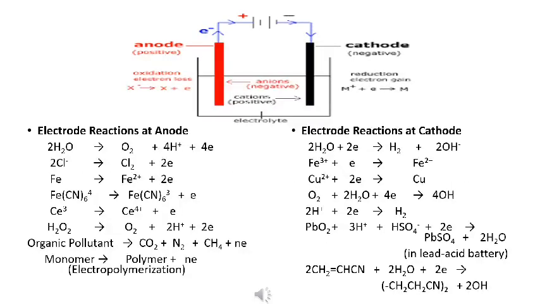Okay, first you look at this slide. It shows the electrode reaction at anode as well as the electrochemical reaction at cathode surface. At the top you can see a diagram showing this electrolytic cell.